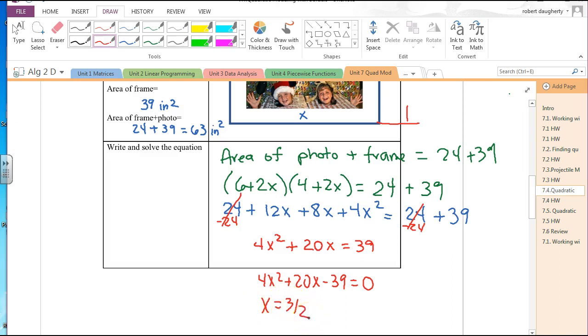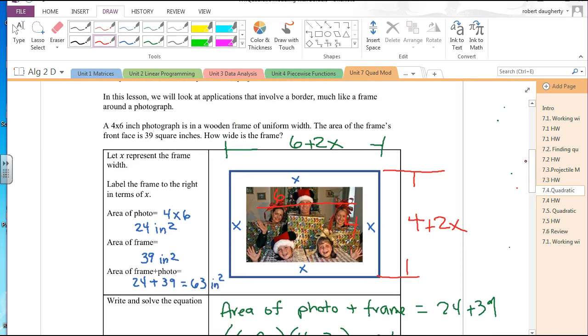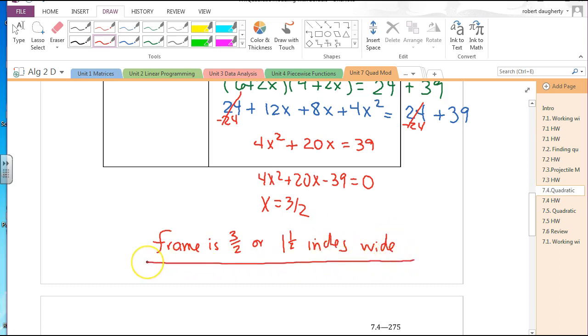Now go back to our original, what did they ask us to find? How wide is the frame? So the frame is how wide? It's 3 halves or 1.5 inches wide.